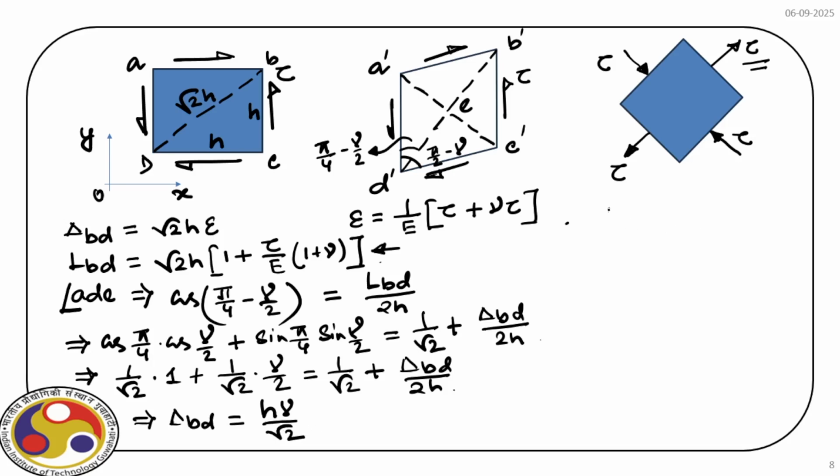Now in place of gamma, we can write twice of epsilon, which is equal to tau by E times 1 plus nu.